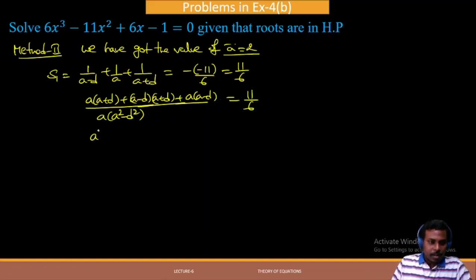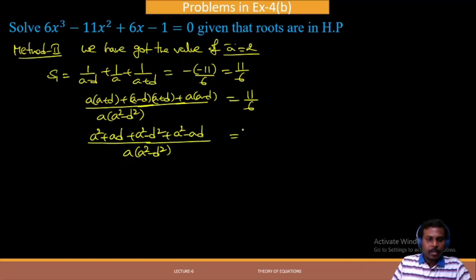So this AD minus AD gets cancelled. So this becomes a square plus AD plus a square minus d square plus a square minus AD divided by a into a square minus d square. That is equal to 11 by 6. So minus AD plus AD gets cancelled.